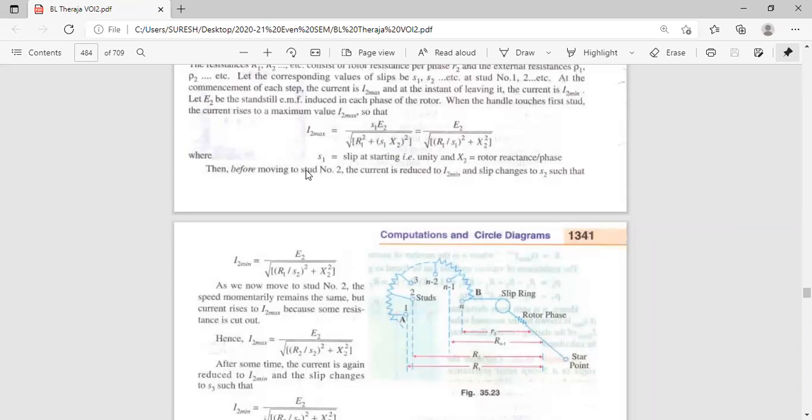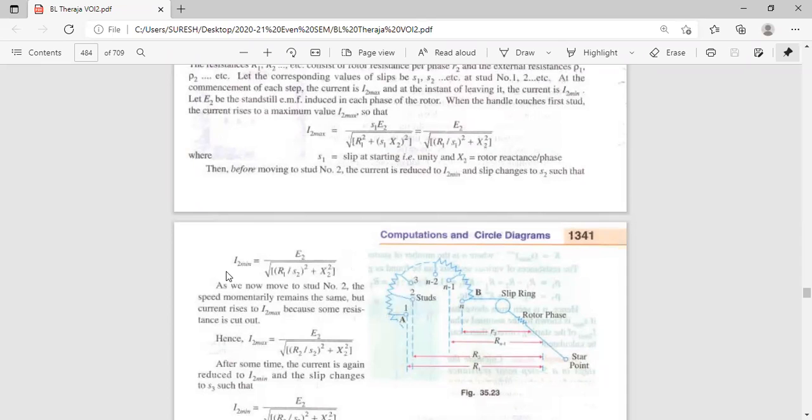S1 outside the brackets, it becomes R1 by S1 whole square plus X2 square. The square root of S1 square is S1, and this S1 is cancelled. What is left is R1 by S1 whole square plus X2 square. Any doubt in this equation? No, sir. Okay, so that's why here it is R1 by S2.